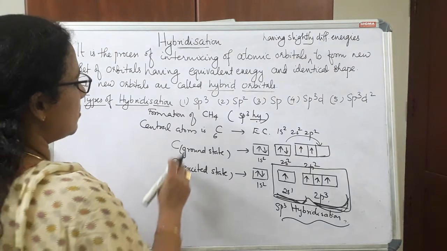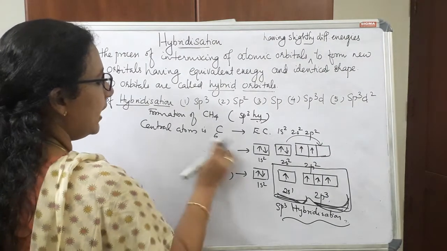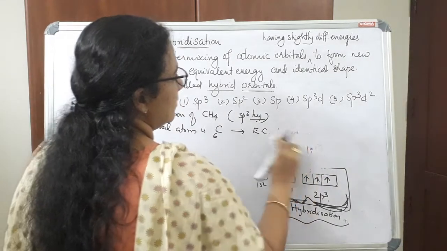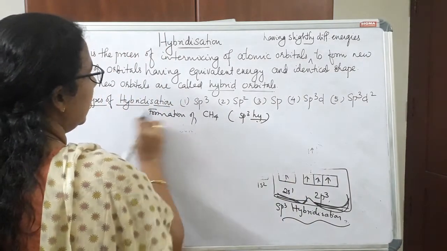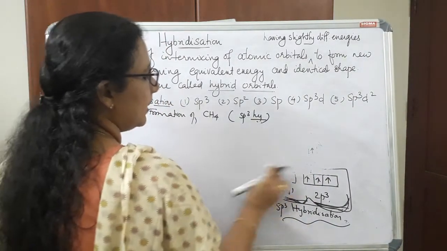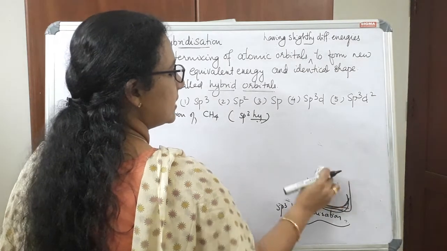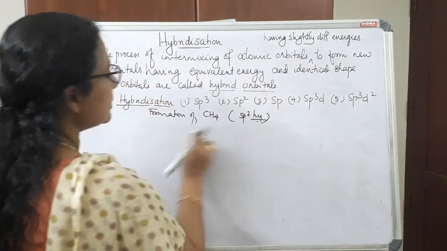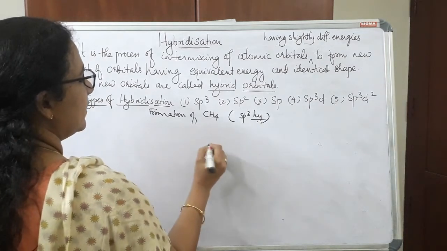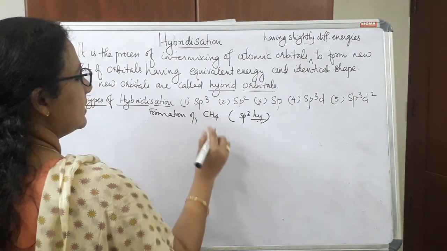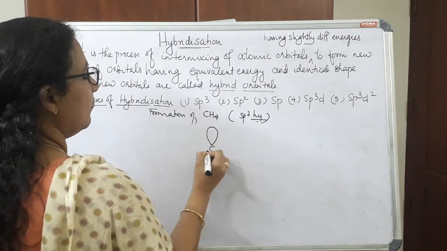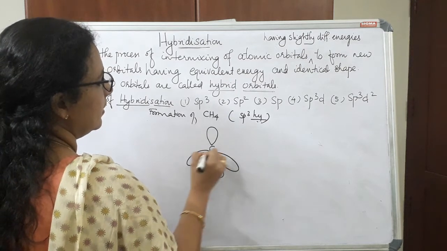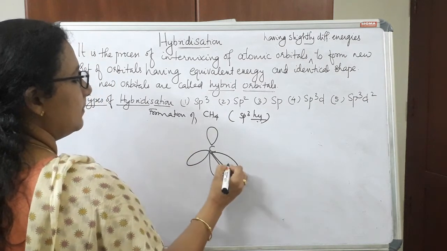Now let us draw the hybrid orbitals of carbon atom. So after sp3 hybridization, the carbon atom is having a new set of orbitals, that is called sp3 hybrid orbitals.